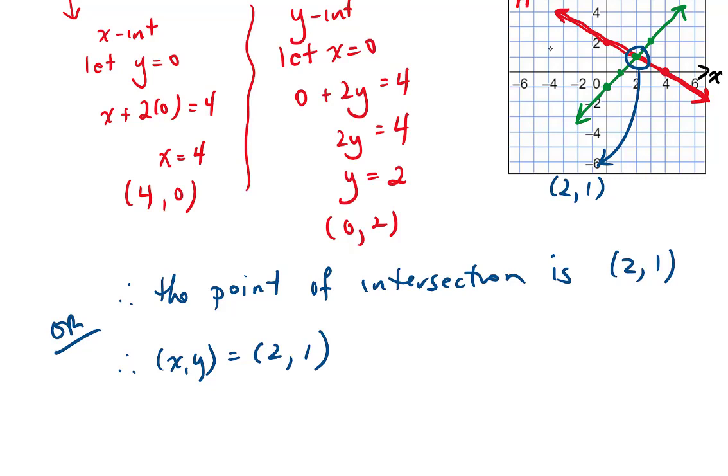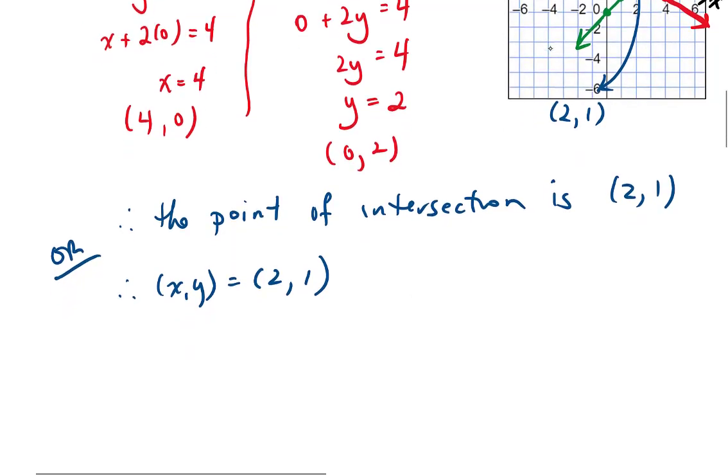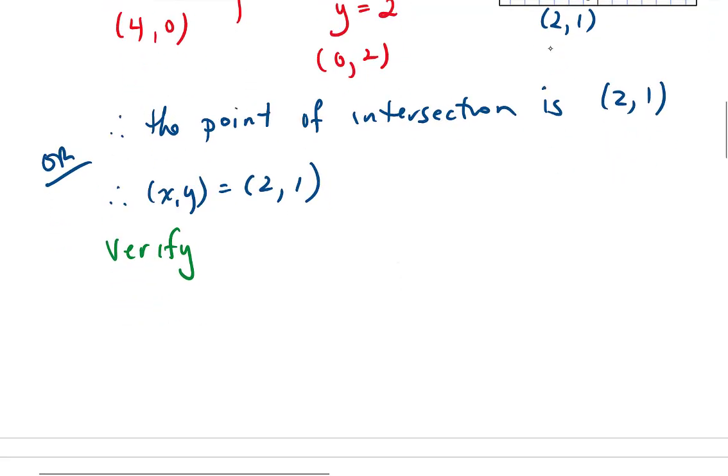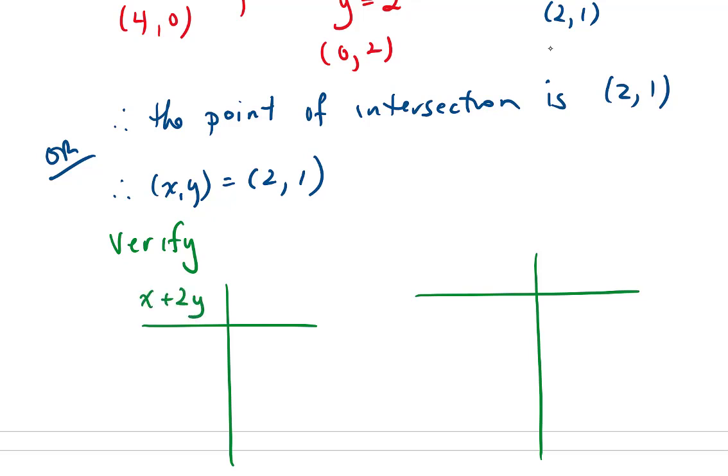The final step is to verify your work, and this will check that you've done everything correctly. So let's start by looking at this point and its relationship between these two lines. To verify, we're going to set up what are called t-charts. In the t-charts, you're going to put equation A, which was x plus 2y equals 4.